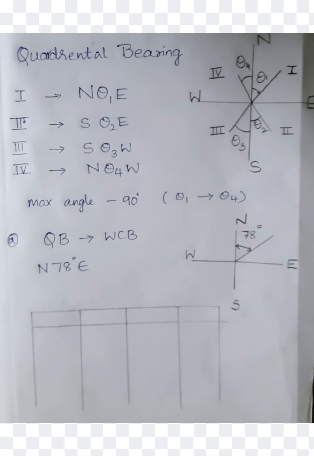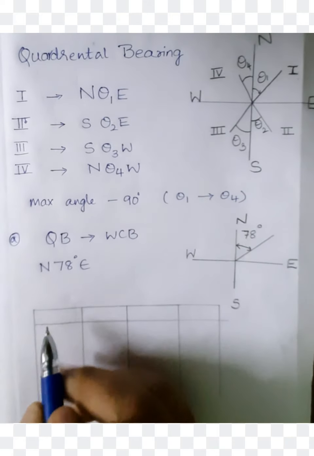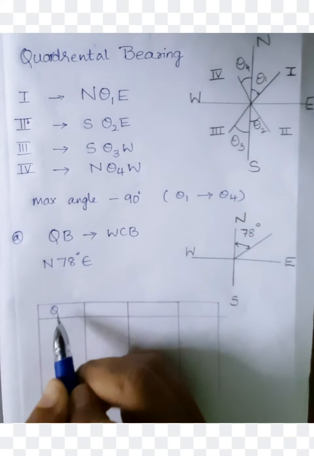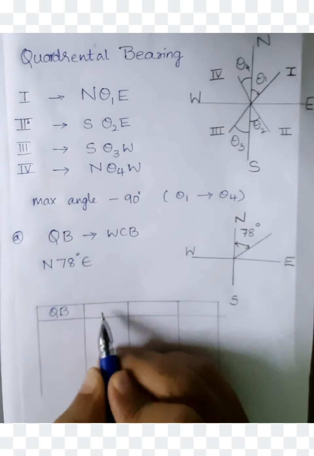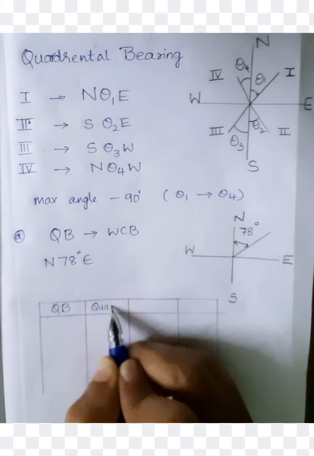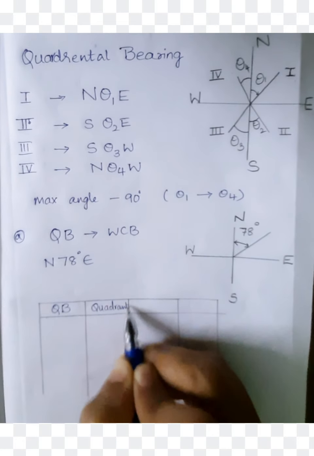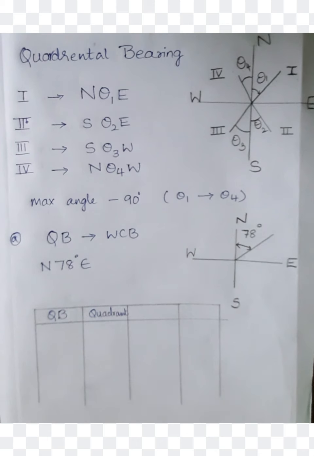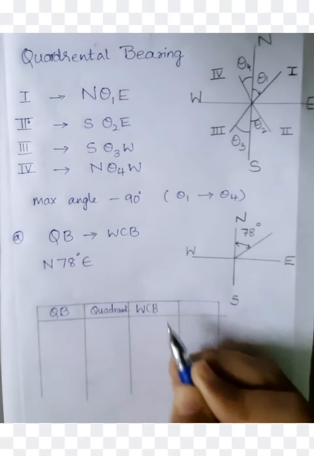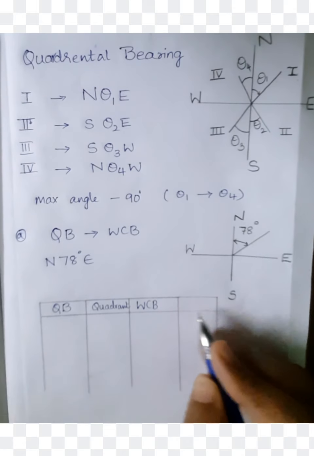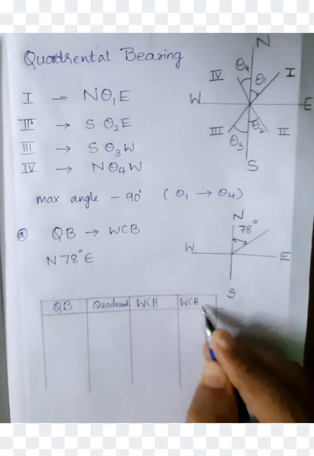I am taking a tabular form here, in which the first column is the quadrantal bearing angle, then the quadrant to which it belongs, whether first, second or third quadrant, then the whole circle bearing formula and the whole circle bearing angle, the WCB angle.